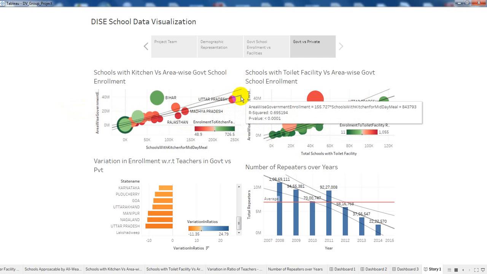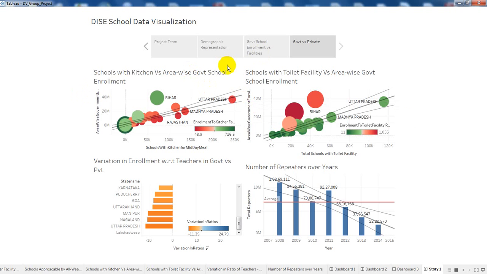If we look into the R squared value, it is 0.69, which means overall it is an important factor to attract enrollments in government schools, and this is one of the major steps taken by the government of India in the right direction.